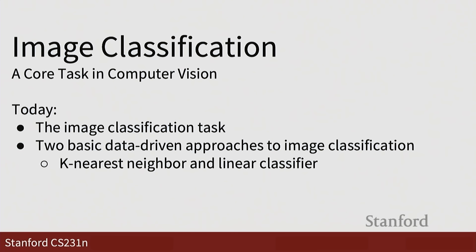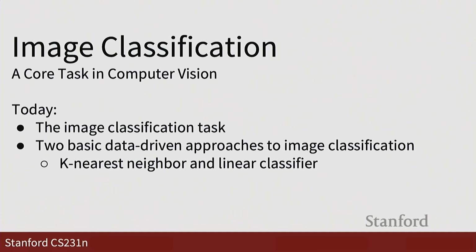Like the previous lecture, let's start with our core task of image classification. Again, it's a core task in computer vision, and we actually come back to this task quite often throughout the quarter because it's a very good benchmark, and we have some examples to tell you how the algorithms work.